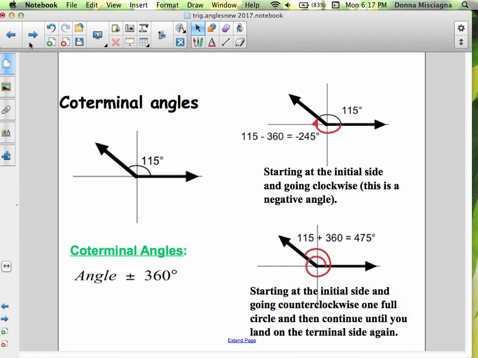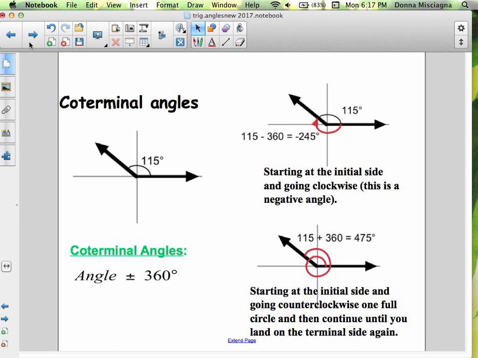So here we have a 115 degree angle. We have an infinite number of coterminal angles, but let's find one positive and one negative. To find the negative one, subtract 360 degrees. Negative 245 degrees is coterminal. It's just going the other direction, but it ends in the same spot. If we add 360 degrees to 115, we get 475.